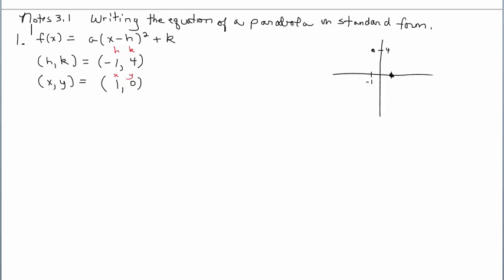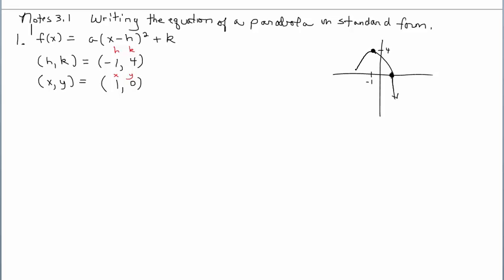I do know if this parabola opens up or down. If this is the vertex right here, if I were to open up off this vertex, I would never capture that point right there. So if I wanted to sketch this graph, the only way to intercept this point right here is to have the parabola open downward through that point.